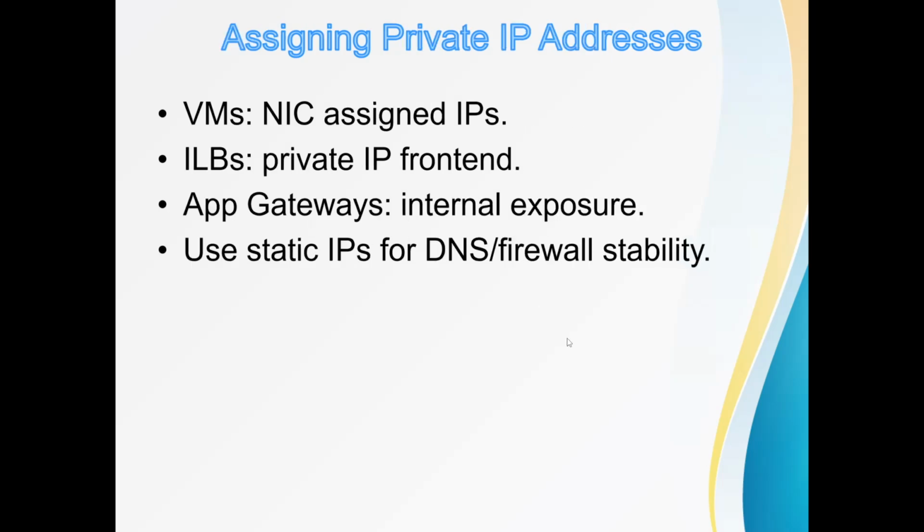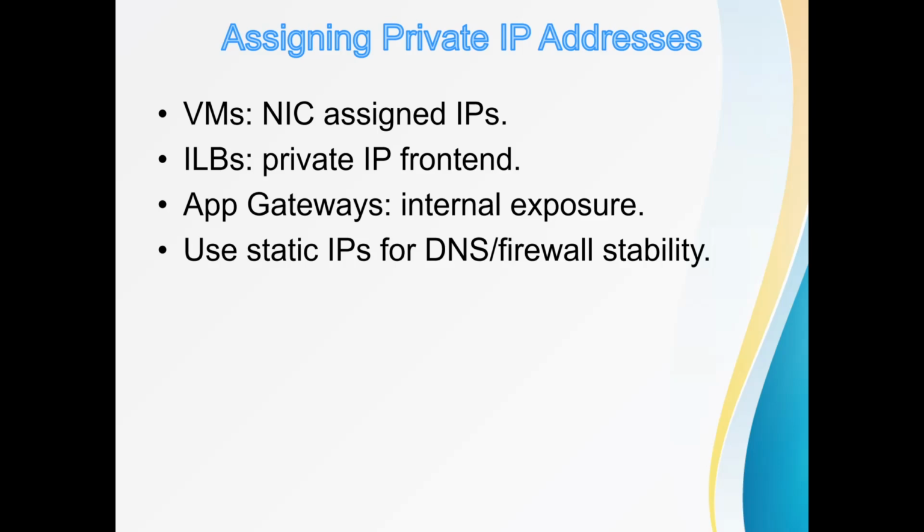And for private IP addresses, it will be a similar kind of resources, all the private ones mainly. So virtual machines will have NICs with assigned IP addresses, which will be private IPs. There will be internal load balancers, which will have private IP front ends, and there will be application gateways, which will again have private IP for internal exposure.